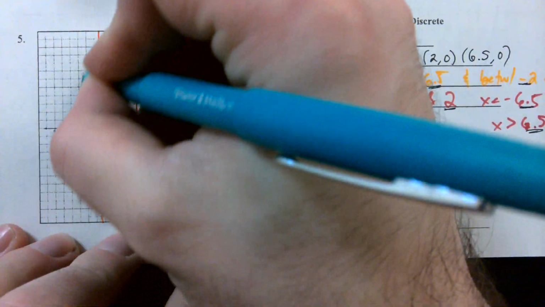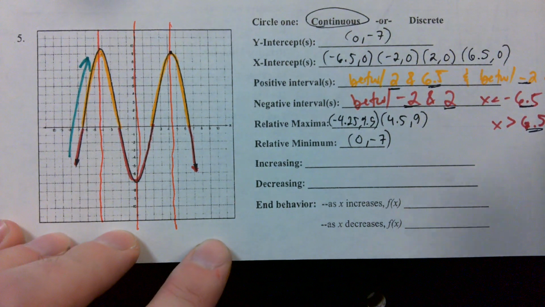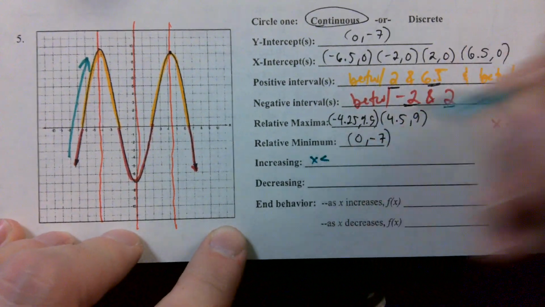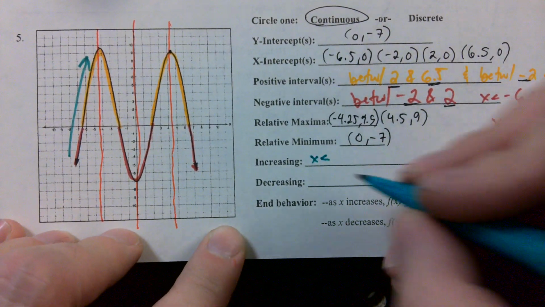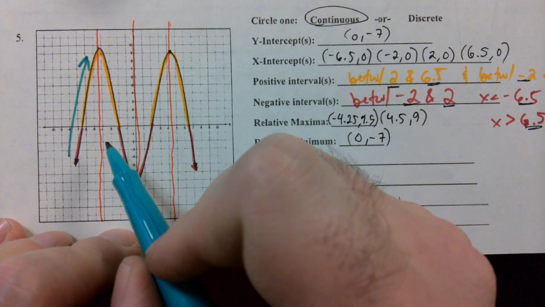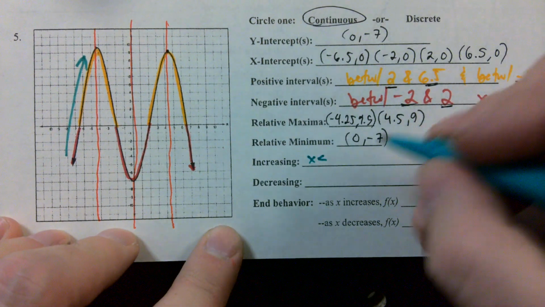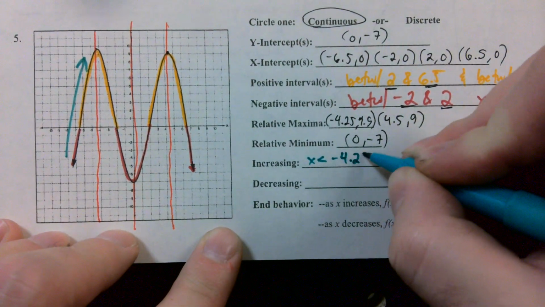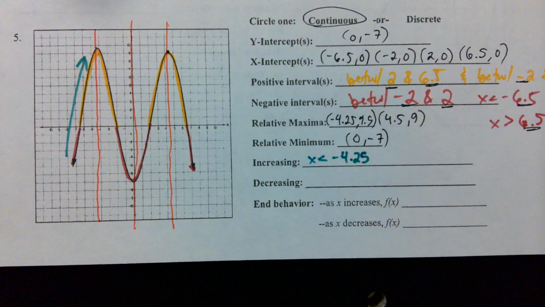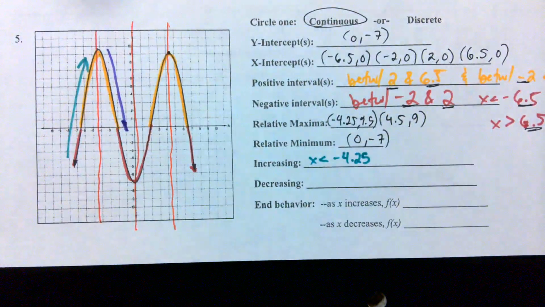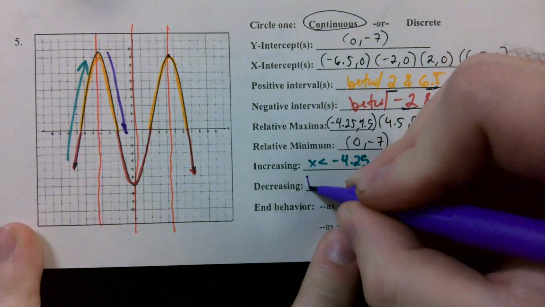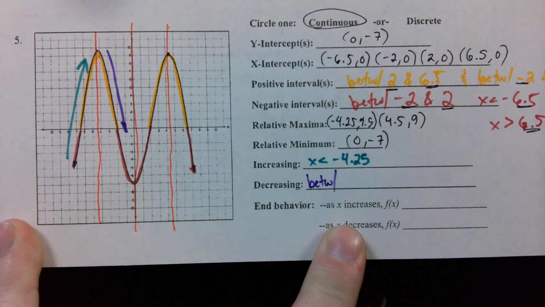So here I am increasing anywhere less than what? Negative 4.25. Everybody with me so far? Okay. Now I'm decreasing. This is a contained one, so I'm going to make my life easier. I'm going to say it's decreasing between what and what?